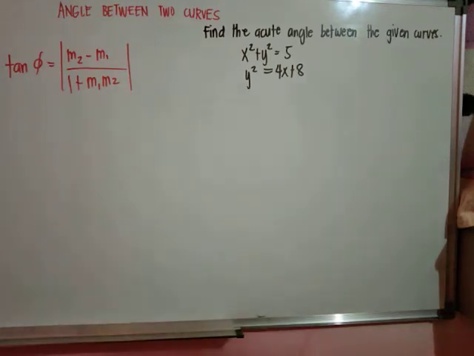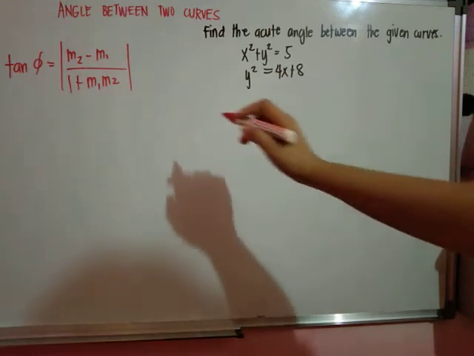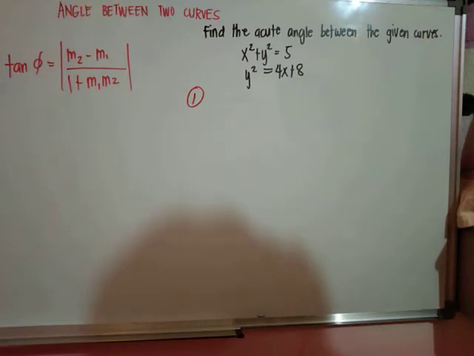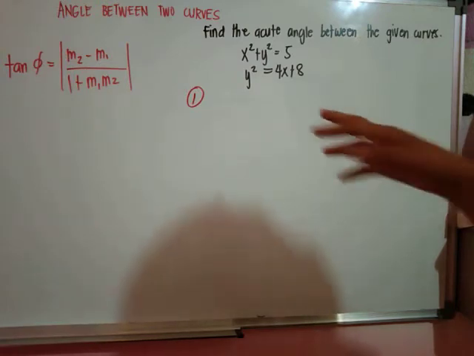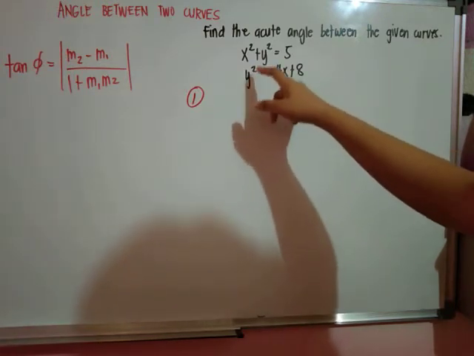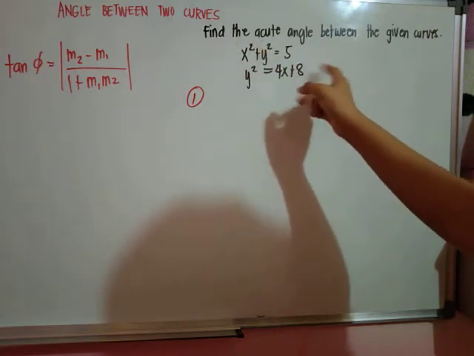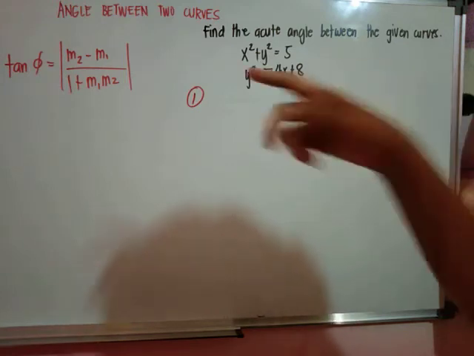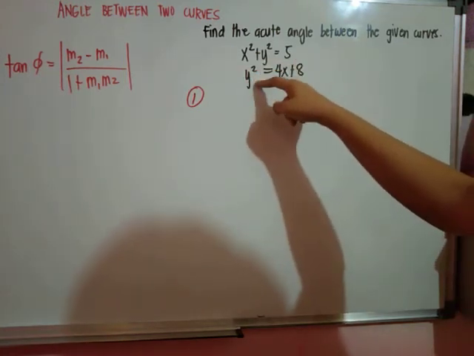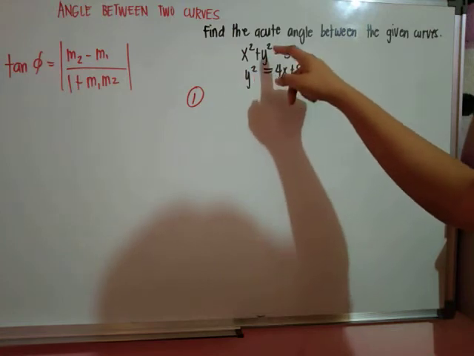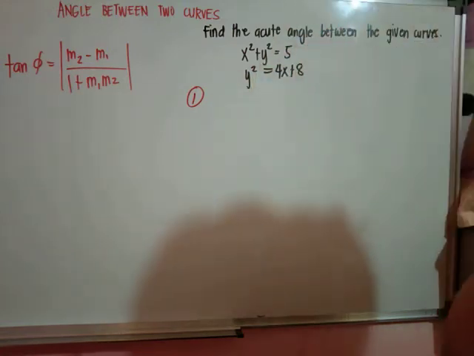So, first step is kunin yung point of intersection. Paano nga ulit makuha yung point of intersection? So, i-equate lang natin siya sa isa't isa. I-equal lang natin. Let's say, x equals x or y equals y. So, dito, may term silang magkapareho na y squared. So, mas madali kung i-equal natin silang dalawa in terms ng y squared.